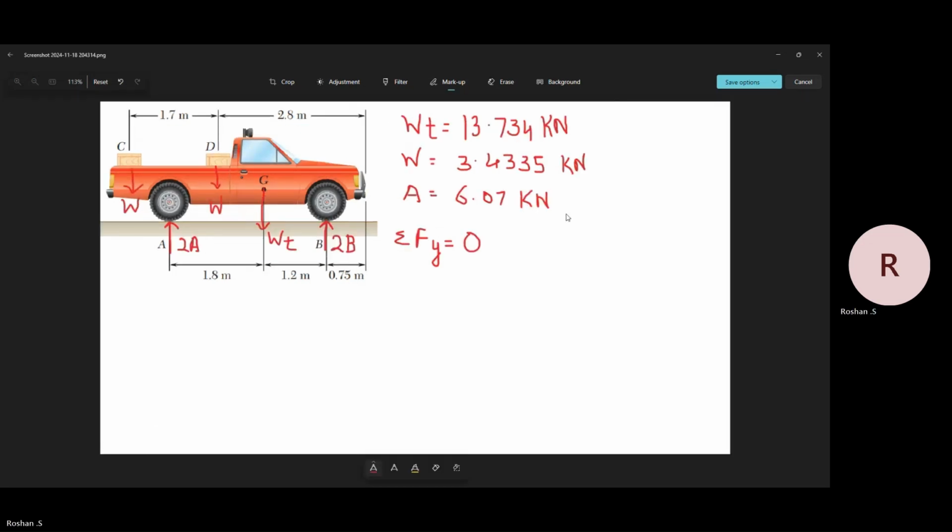Here, we are applying the concept of summation of forces in the y plane should equate to 0. So F of y is equal to 0. 2A and 2B are upward. So 2A plus 2B.